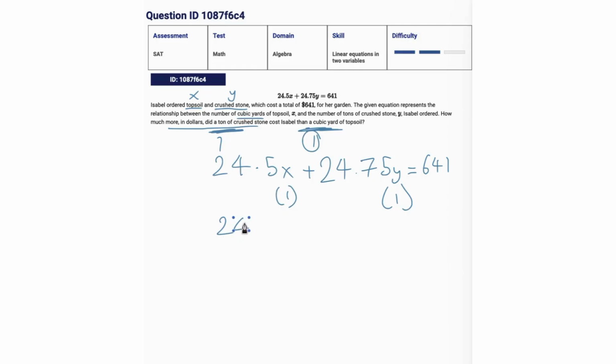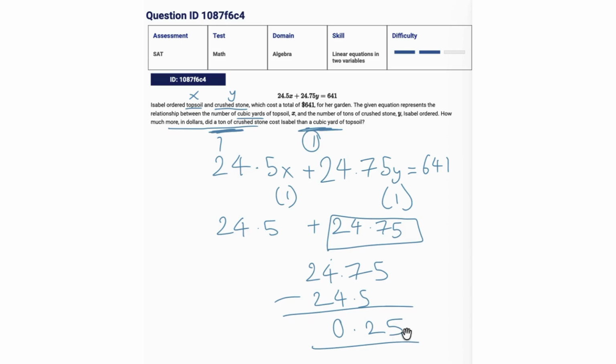So here it would be 24.5, and here it would be 24.75. This is how much 1 ton of crushed stone costs, and this is how much 1 cubic yard of topsoil costs.